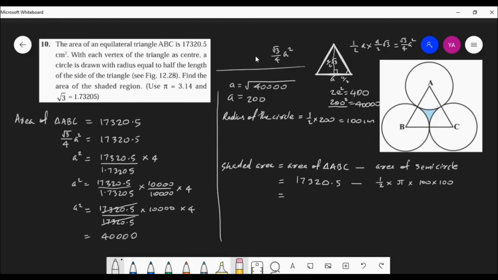In the next step, 17,320.5 minus, we substitute the value of pi, 3.14, that is given in the question, into 100 into 100. Here, to multiply this, I think it is better to reduce 3.14 by 2 first. In 3.14, how many 2's? In 3, 1 two and 1 balance, that makes 11.